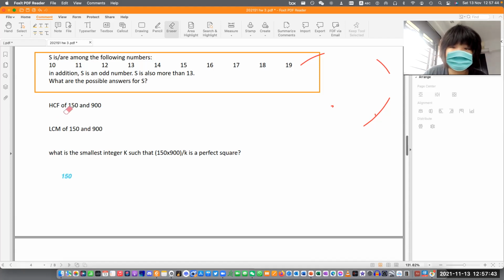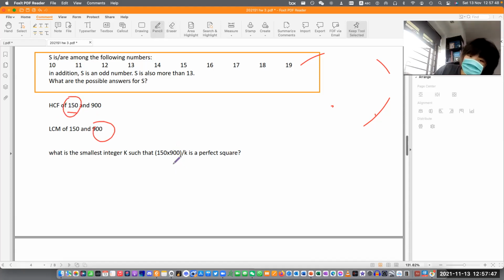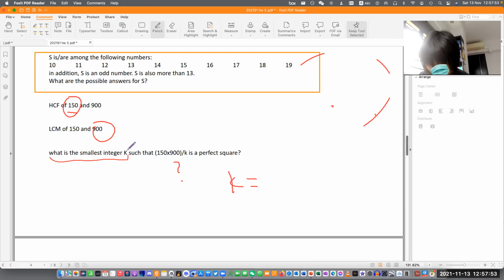Okay, HCF of this, and then of course LCM of this. HCF is 150, LCM is 900. The perfect square is square. Wait, oh, no. They want to know what is the value of K. What is the smallest integer K such that K is a perfect square? I think 6. Ooh, how do you know?